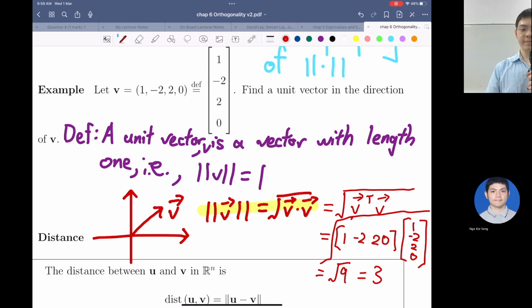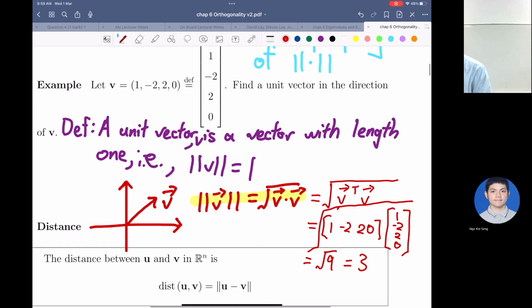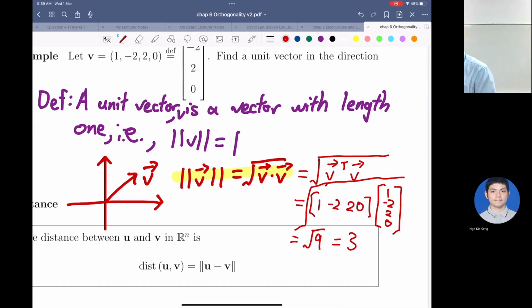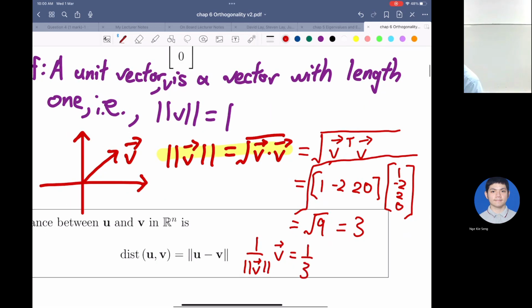Any idea? Divide each entry by 3. Okay, let's try. Let's divide it by the length of the vector. If we divide all the entries by 3, we get 1/3 times the vector with entries 1, 2, minus 2.